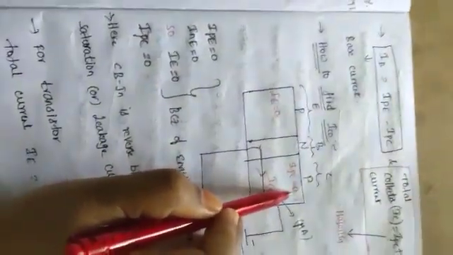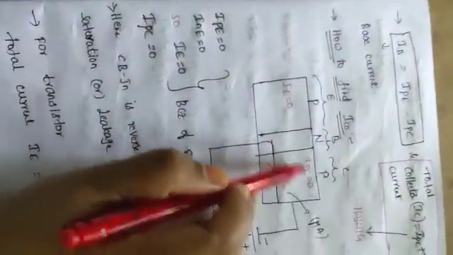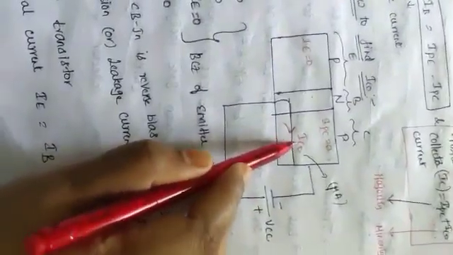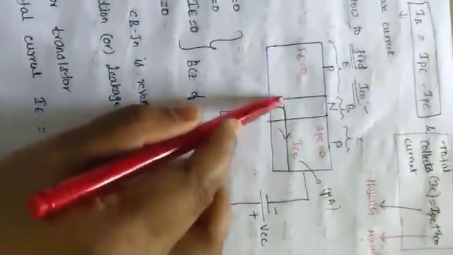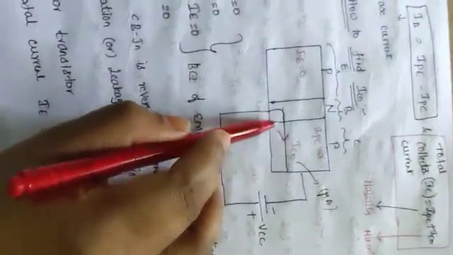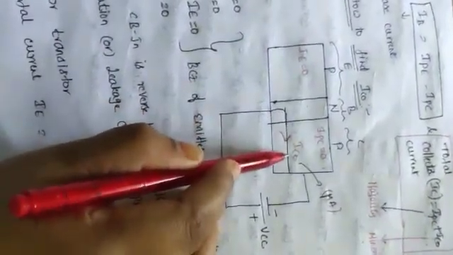There is no current due to majority charge carriers, and only one current is present, ICO, due to the reverse biasing of the collector-base junction. In this way we can find ICO, the reverse leakage current.